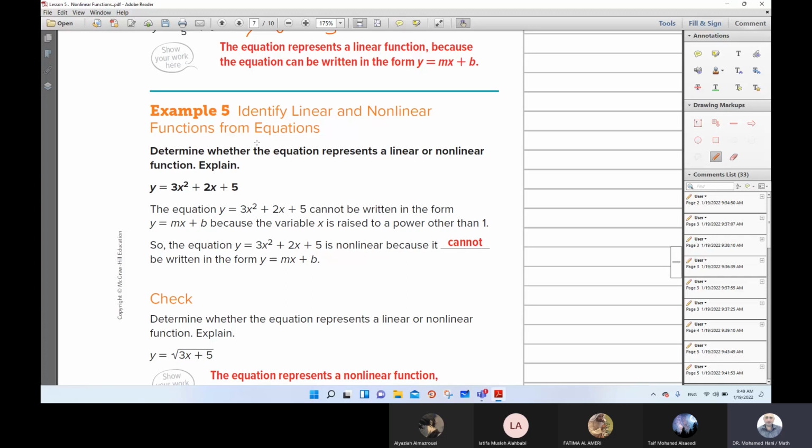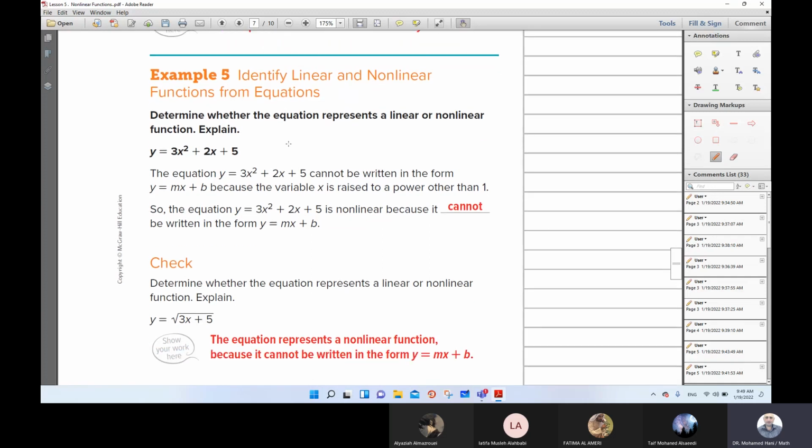Identify linear and non-linear function from equation. Determine whether the equation represents a linear or non-linear function and explain. As you see in this equation, y equals 3x squared plus 2x plus 5, we have squared.